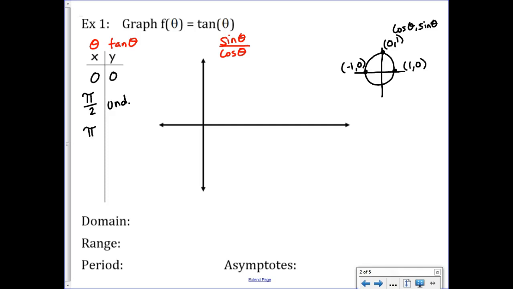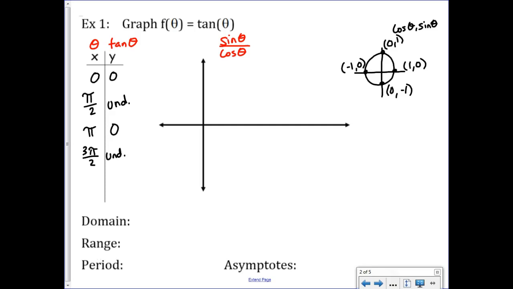So 0 divided by -1 is 0. And then at 3 pi over 2, we're at 0, -1. So again, at 3 pi over 2, we've hit undefined.